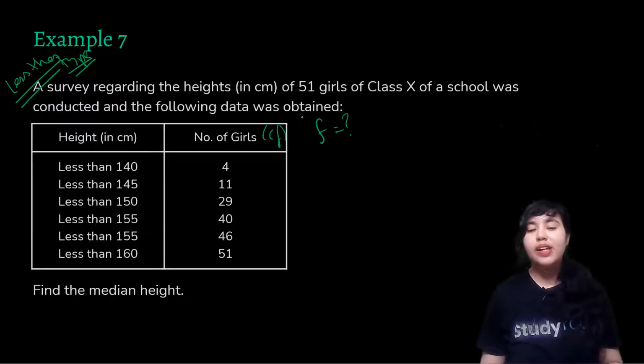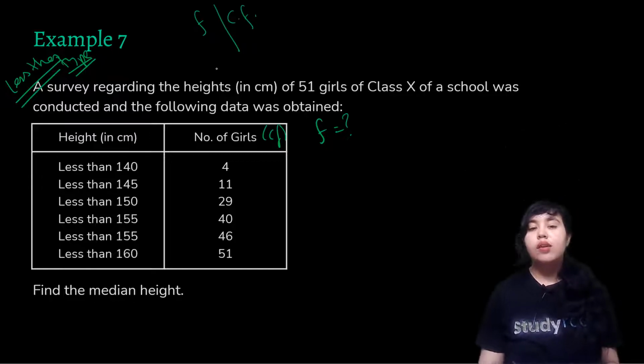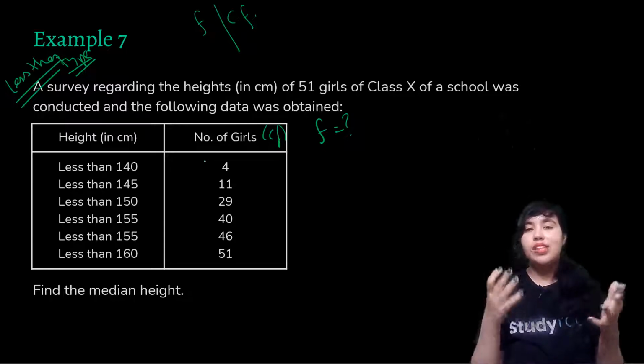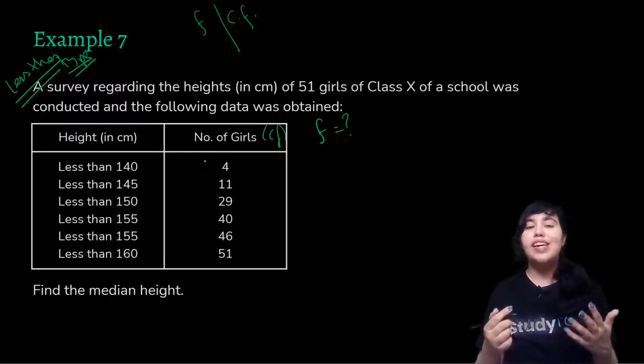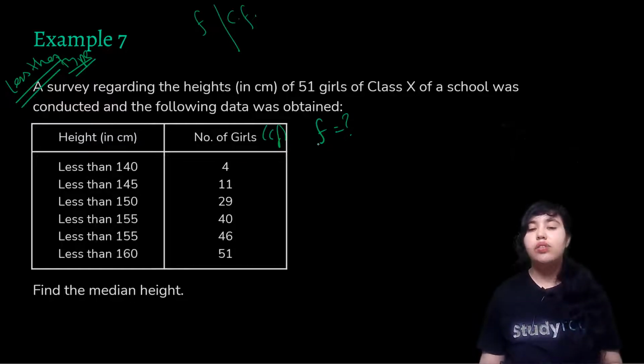But it's no big deal. So far we knew frequencies and we were calculating cumulative frequencies by adding the previous frequency to the present frequency. So now we can move backwards and use the cumulative frequencies, subtract them and get the frequency. So the first frequency will be 4. Now the second one, instead of adding them, we will get it as 11 minus 4, that is 7.